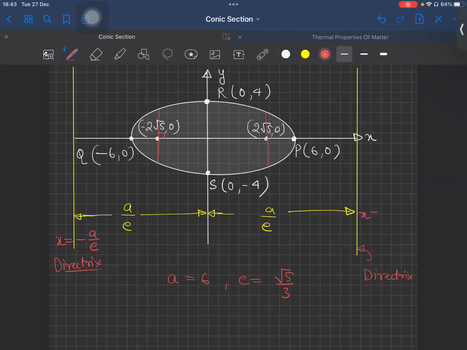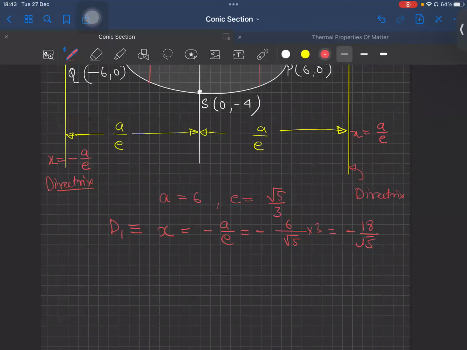This line is x is equal to a upon e. Right? So let's say this is directrix 1. So d1 is x is equal to minus a upon e, which is minus 6 upon root 5 into 3. So minus 18 upon root 5.